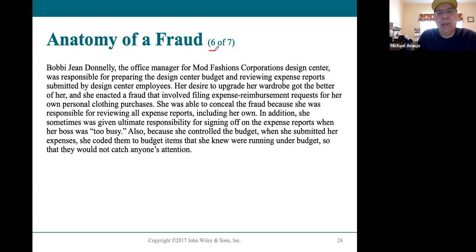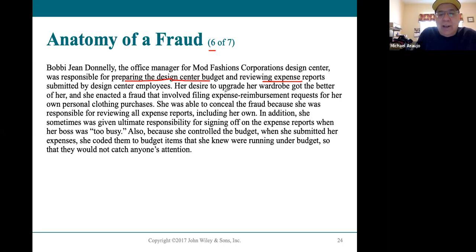Okay. Another fraud coming up. Bobby Jean Donnelly, who was the office manager for Mod Fashion Corporation, that company again, was responsible for preparing the design center budget and reviewing expense reports submitted by her employees.